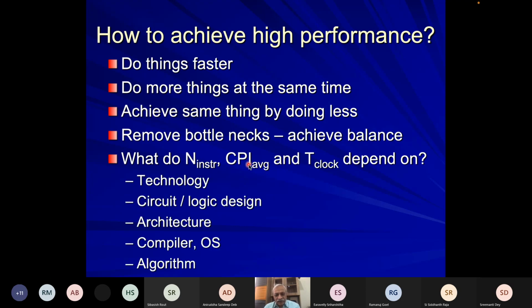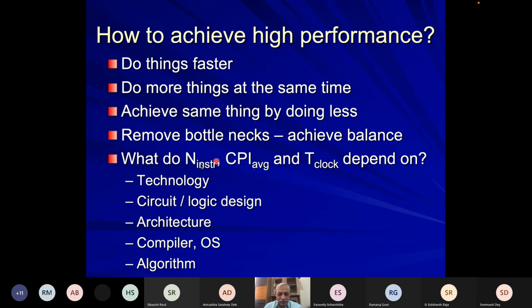Do they depend on technology, on circuit or logic design, on the architecture, compiler, OS, algorithm? So we had some discussion on that. And if you look at this sequence, the things which are higher in this order would affect things which are towards the right, and those which are lower in this order tend to affect things which are on the left among these.